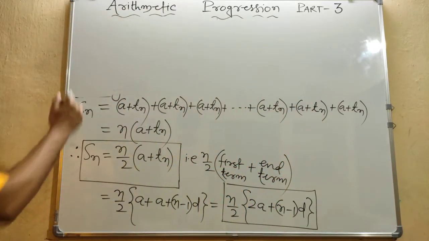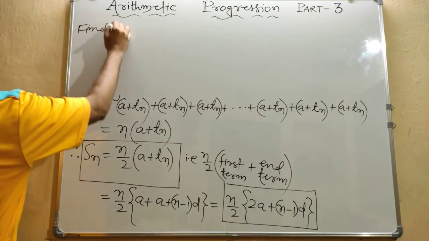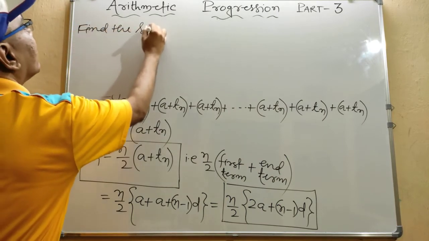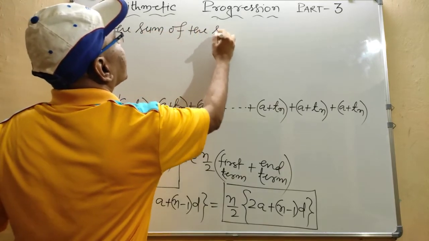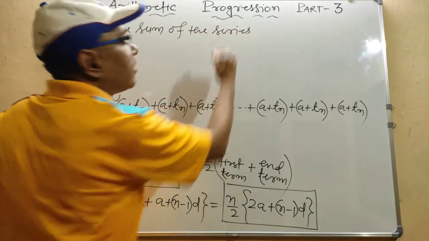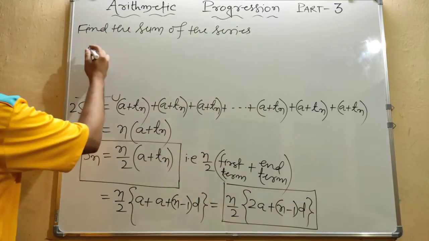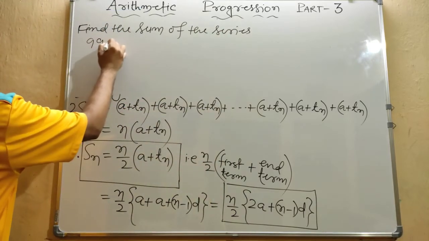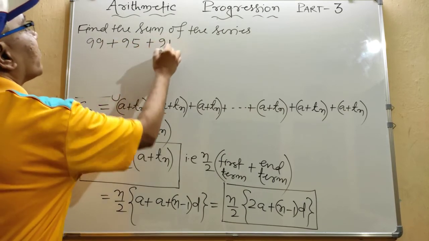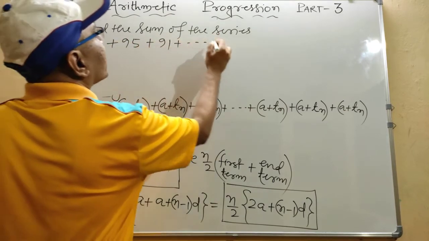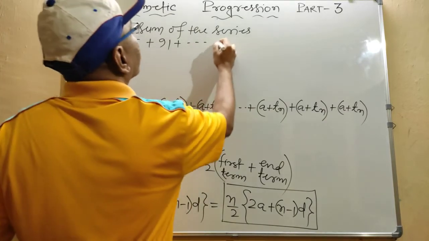Find the sum of the series. Which series? 99 plus 95 plus 91 and so on to 20 terms.